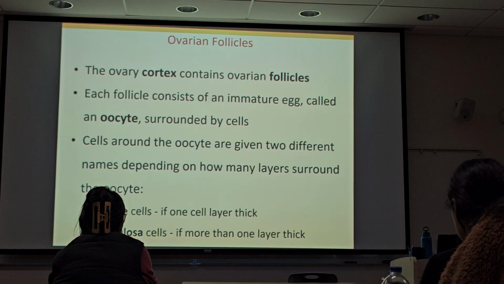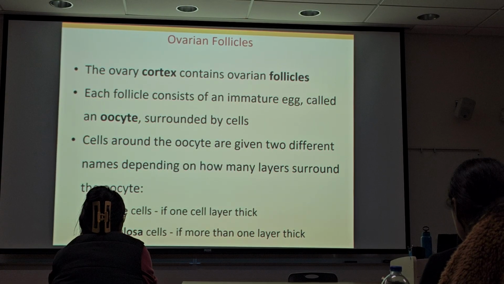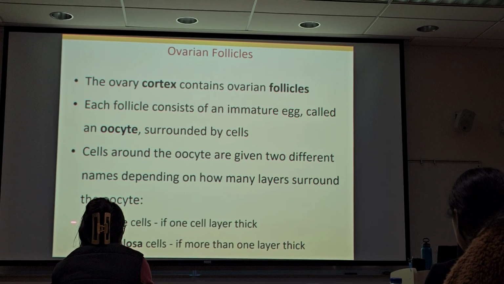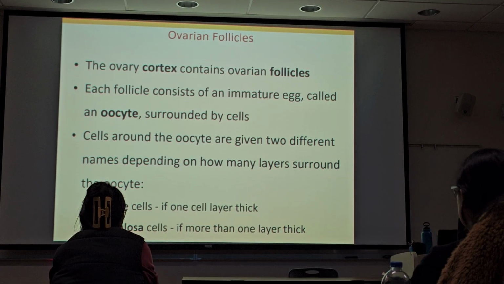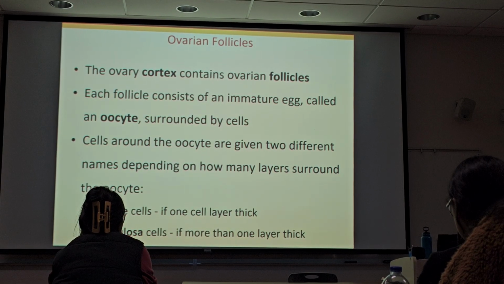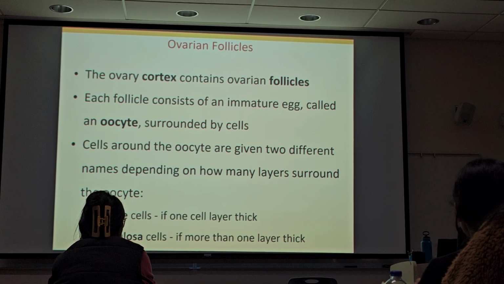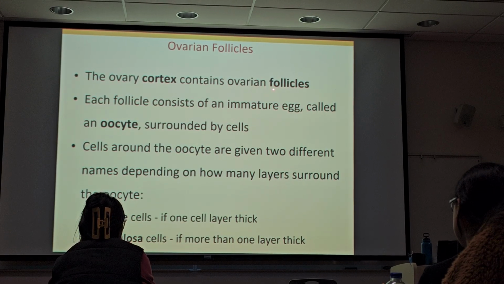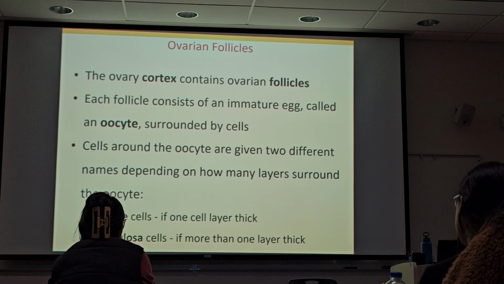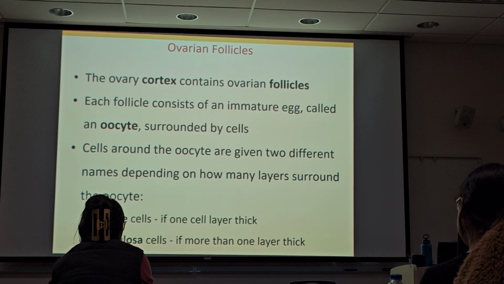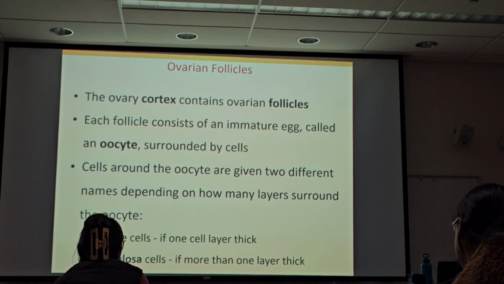But then, instead of simple, we're going to get layers of cells. We're going to become stratified. This is one of the structures that we actually look at under the microscope to see stratified cuboidal cells. The granulosa cells are what we call the cells of a follicle when they become stratified, more than one layer of these cells surrounding a mature egg.